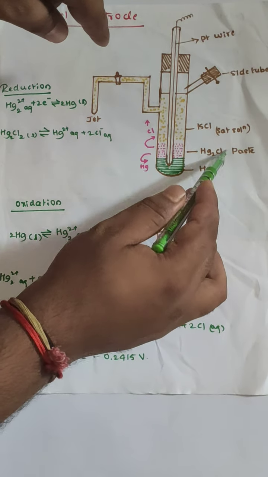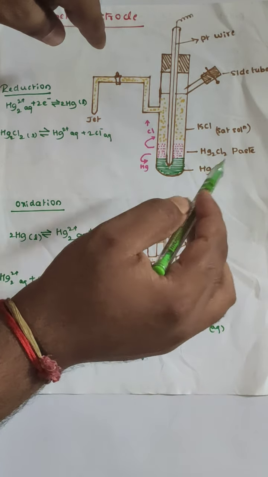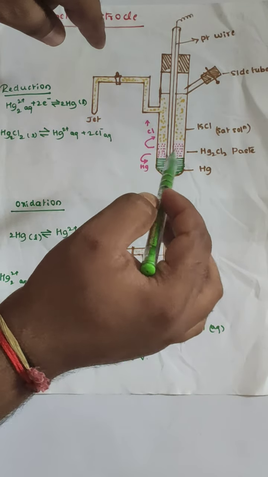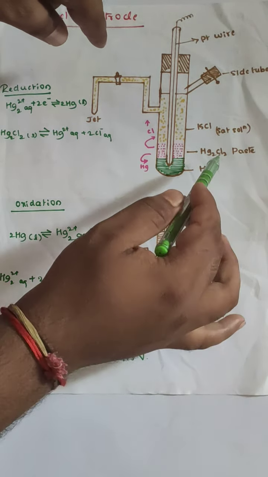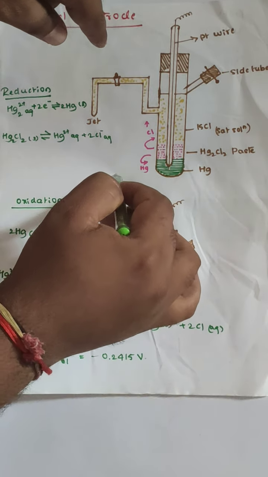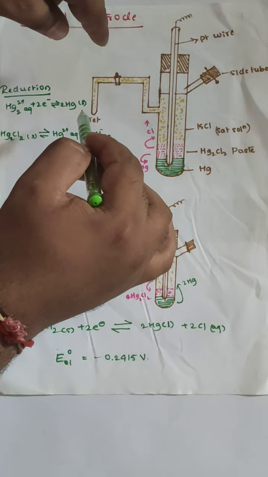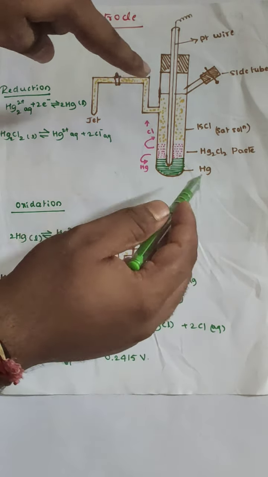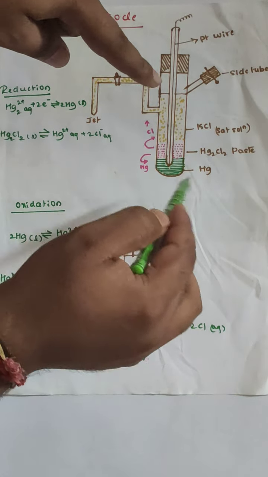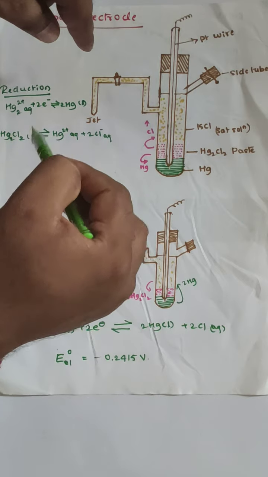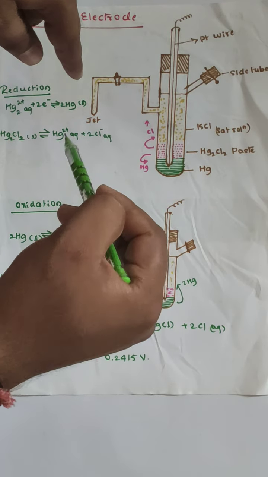This is a sparingly soluble salt, an example of an insoluble metal salt electrode, that is, a reversible electrode. The Hg2 2+ ions gain 2 electrons and form Hg, which is deposited at the bottom. Therefore the number of chloride ions in the solution increases.